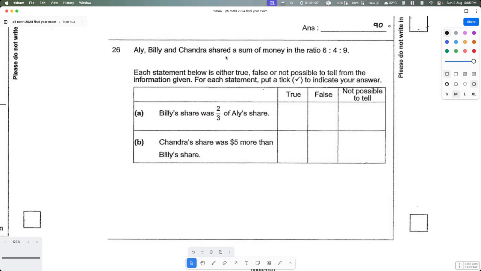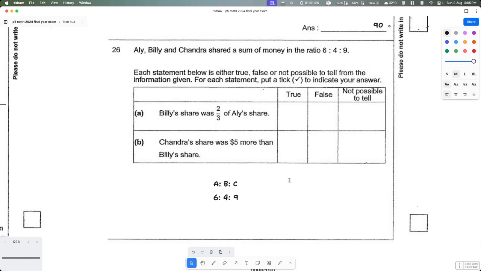Let me put it a little bit clearer. Ali, Billy, and Chandra have 6 is to 4 is to 9. Billy's share was 2/3 of Ali's share.